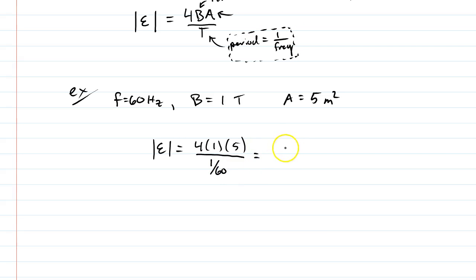Now that is actually the same as if we take 4 times 1 times 5 and then times 60 over 1. You take the fraction, you keep the top, you multiply by the reciprocal of the bottom. And then when you crunch all this, you get about 1200 volts. Okay, so generators typically create hundreds and thousands of volts.